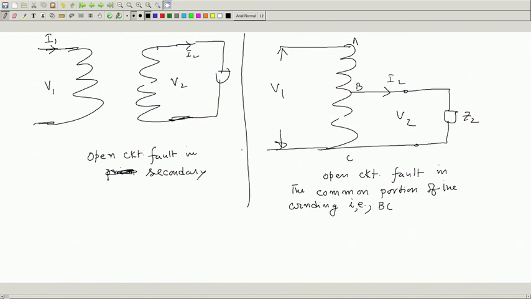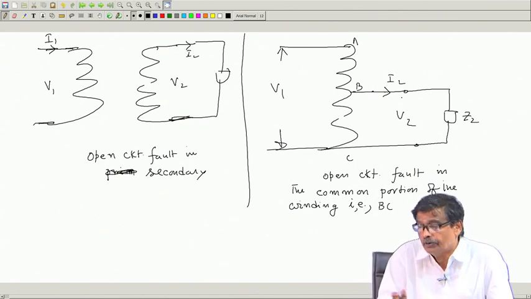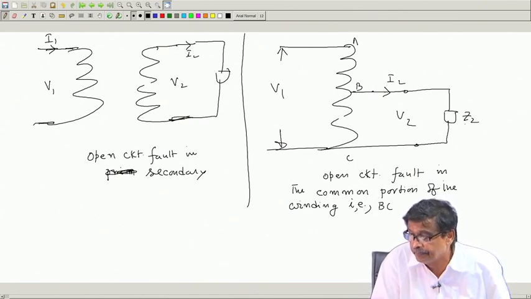And not only that, this voltage is no longer N2 by N1 times, it is this voltage minus this drop, and if this point is closer to this point, this voltage will become of the same level as that of this one, is it not? Therefore, across the load perhaps the voltage will go up, which is not in your control via this connection.